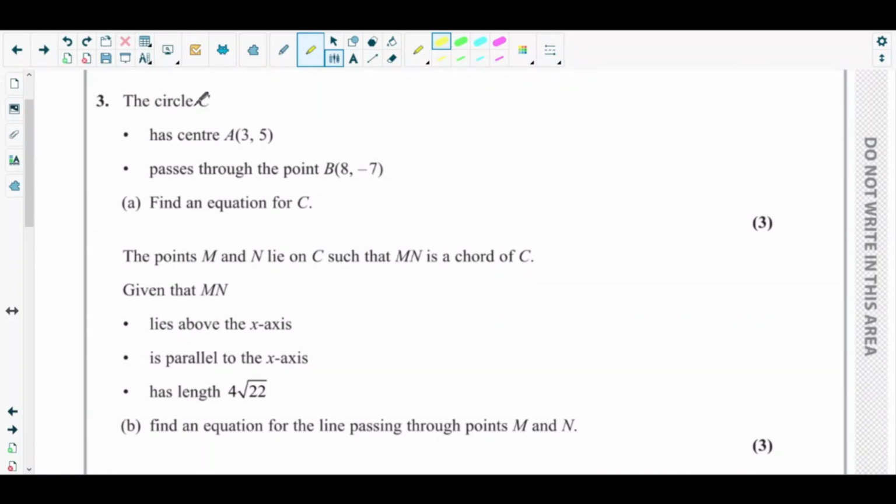The circle C has center with x coordinate 3, y coordinate 5, and passes through the point B, which has x coordinate 8, y coordinate -7.